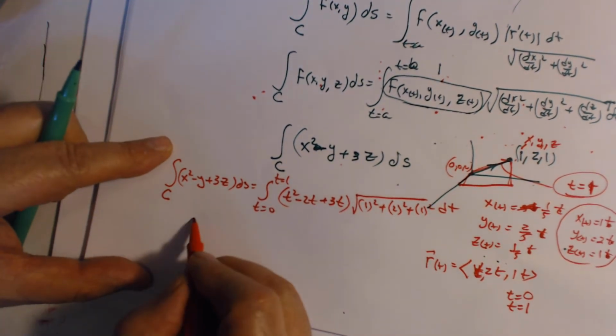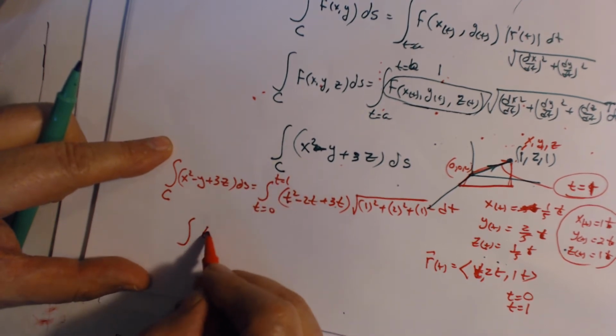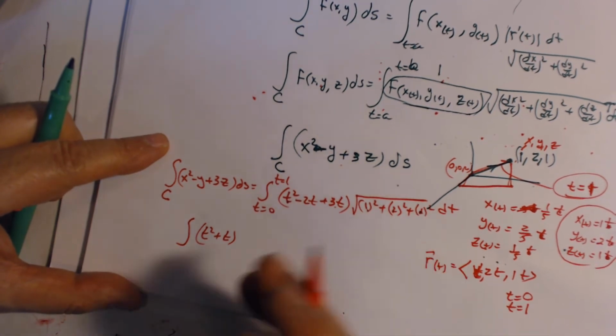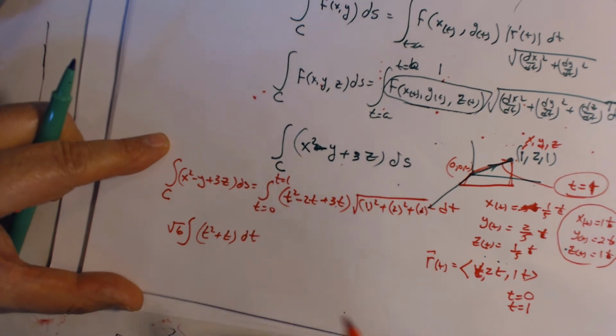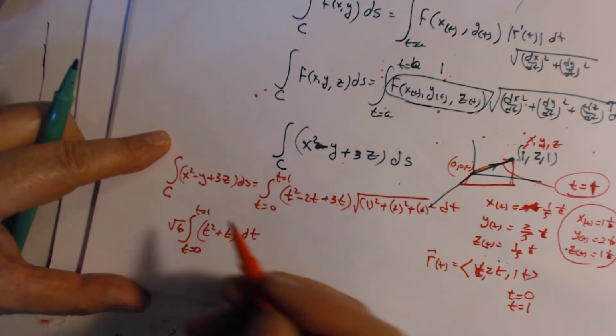And that becomes a beautiful definite integral, and you're going to evaluate it. That's t squared plus t. 1 plus 4 is 5. 5 plus 1 is 6. That is a constant. I'll put the square root of 6 in here and dt, and you go from t equal to 0 to t equal to 1.